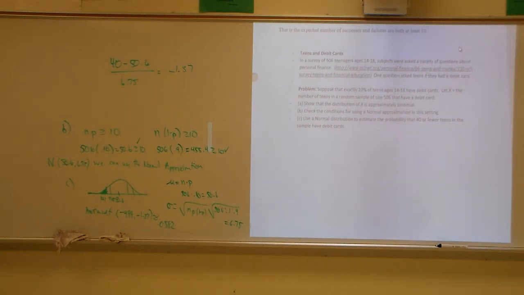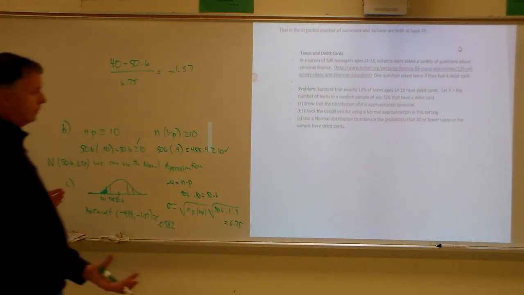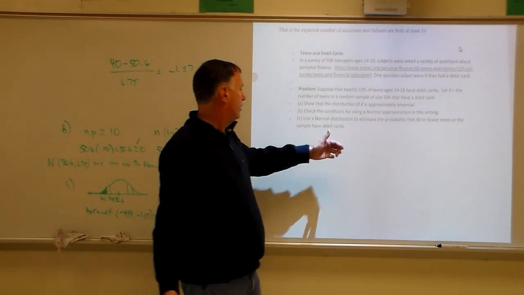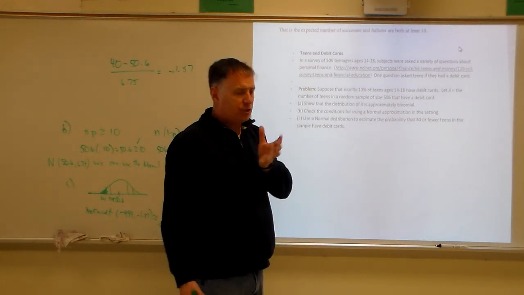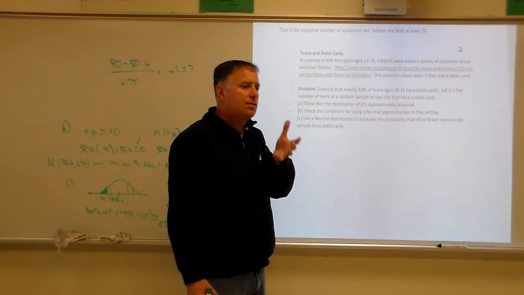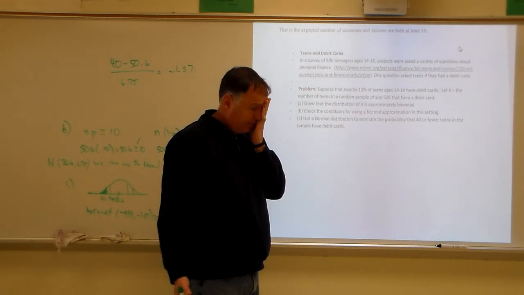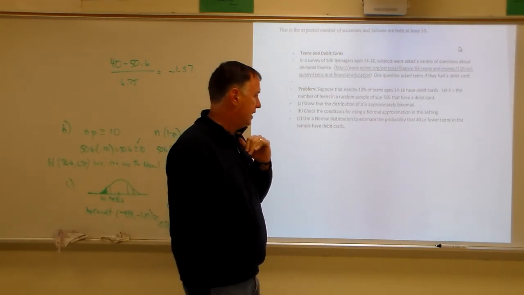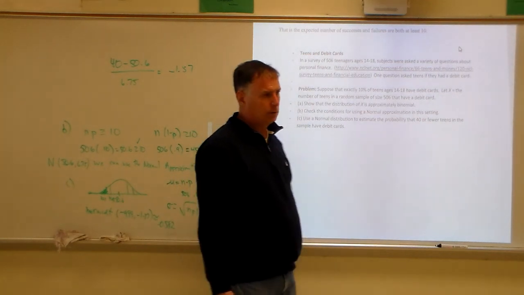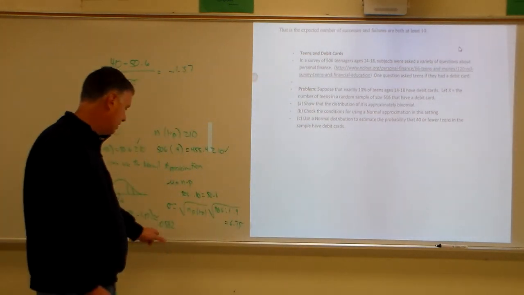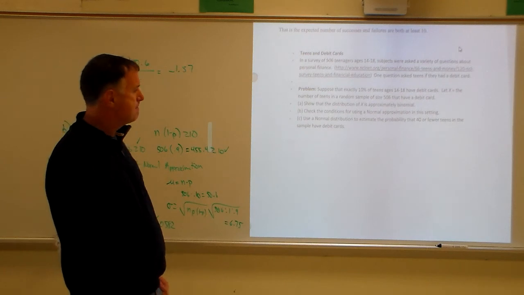Okay, so if 10% of teens between the ages of 14 and 18 have a debit card, the probability of getting a sample of 40 or fewer that have a debit card would be 0.0582. Okay?